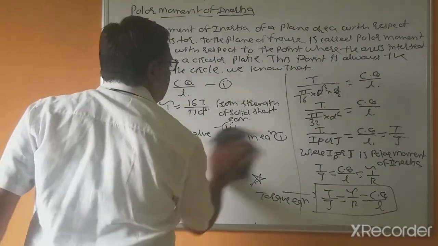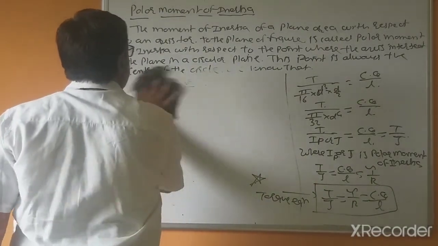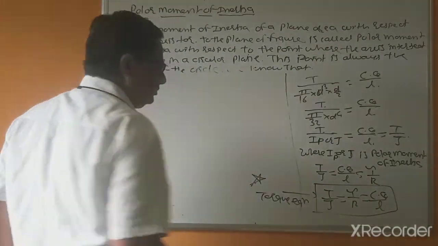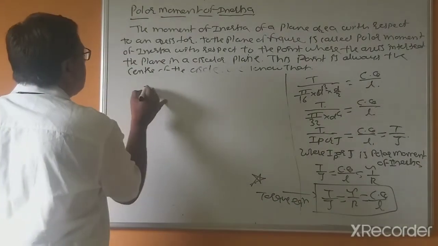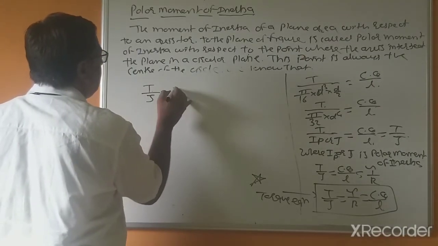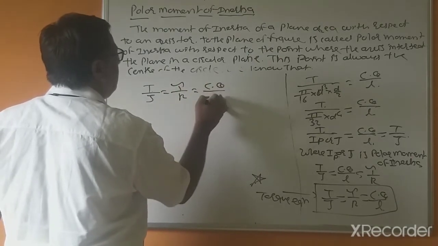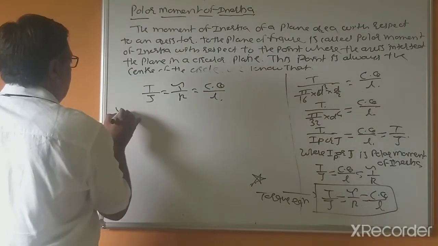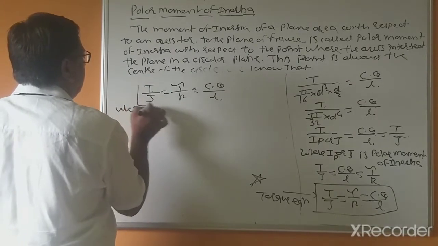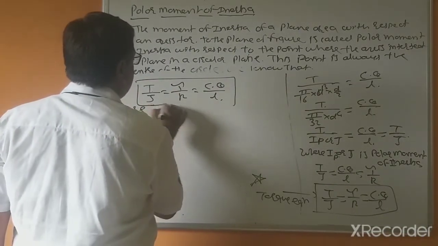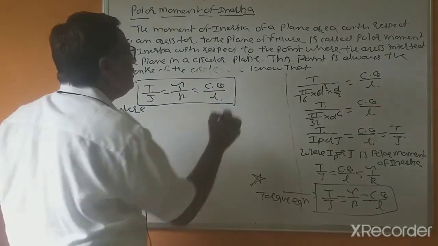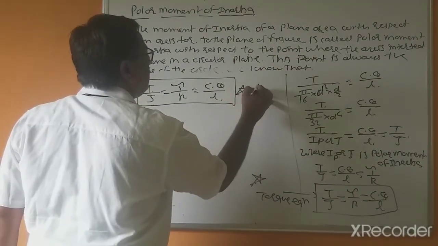Otherwise, I will write here. So this is T divided by J equal to tau divided by R is equal to C theta divided by L. This is the most important equation because the whole chapter is based on it.